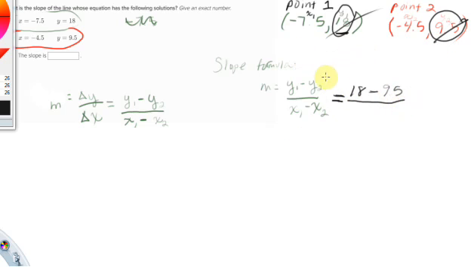Divided by x1, which is negative 7.5, minus x2, which is negative 4.5.